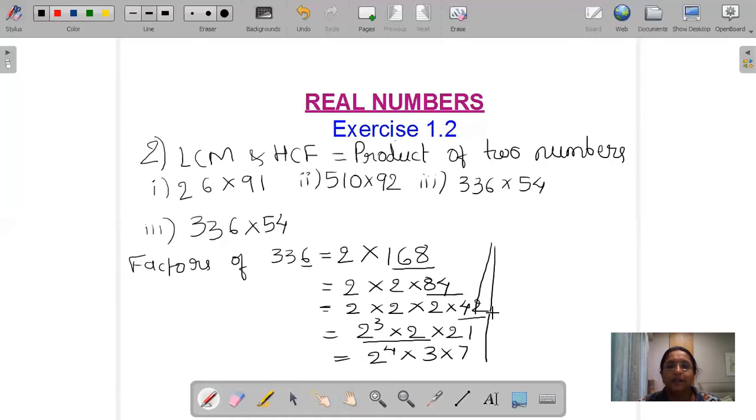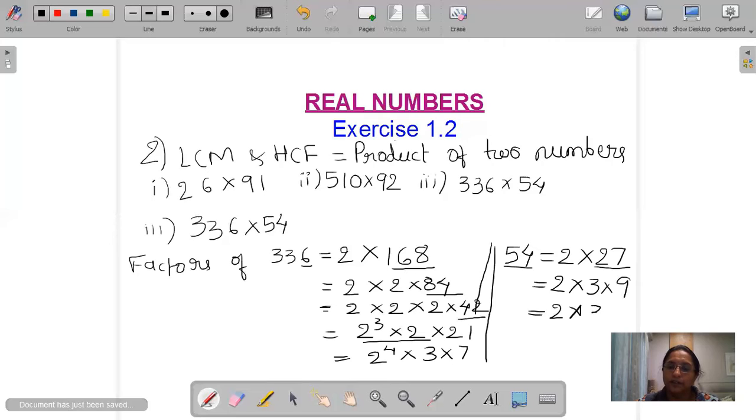Now let us take the factors of 54. 54 is equal to 2 into 27, and 27 is divisible by 3 into 9, or 2 into 3. 9 is 3 square.